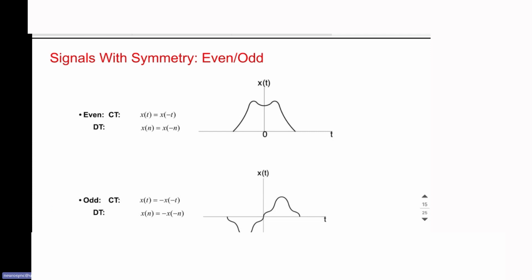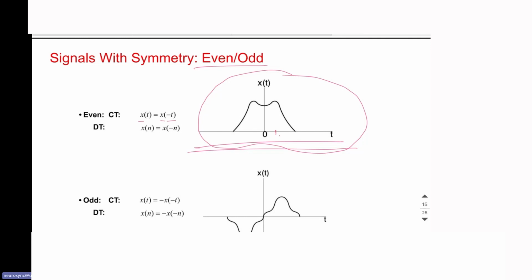Again, whether a signal is an even signal or an odd signal, in some cases we need to check. How do we check whether a particular signal is even or odd? In continuous time form, if you look at this graph, you can see x of t is equal to x of minus t.